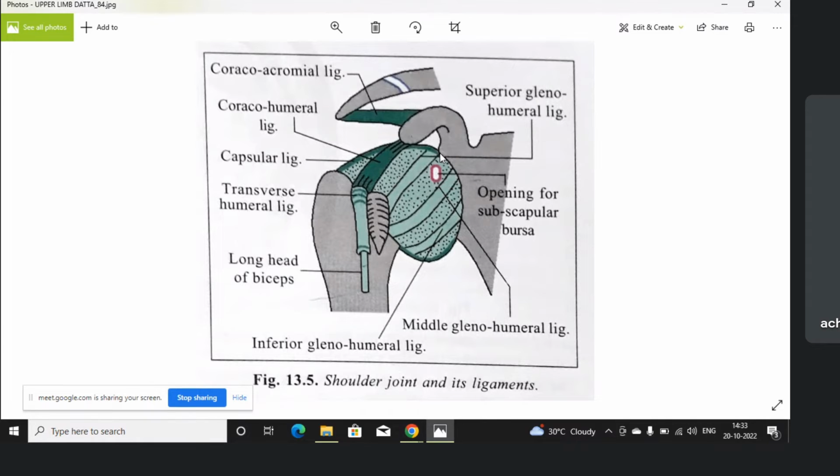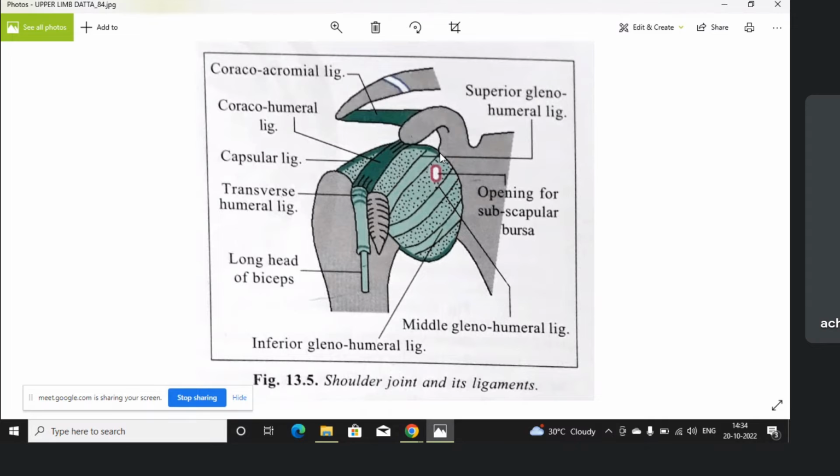See here, suppose this one is the anterior margin: upper part, intermediate part, lower part, like that. So it is attached to the upper part of the anterior margin of the glenoid cavity, above attachment.